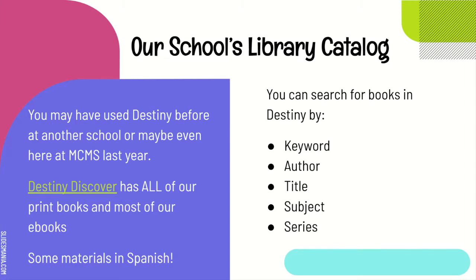You put in the words that you think are going to give you the results. You want to pick good keywords. You want to pick the most important words. If those keywords happen to be an author or a title or a subject or a series of books, then all of those things are going to be potential results that you could get back.